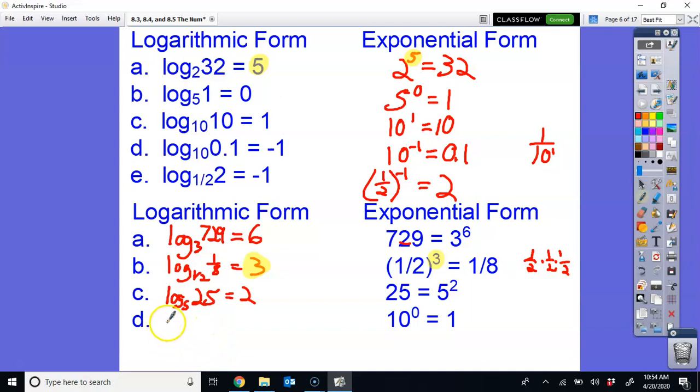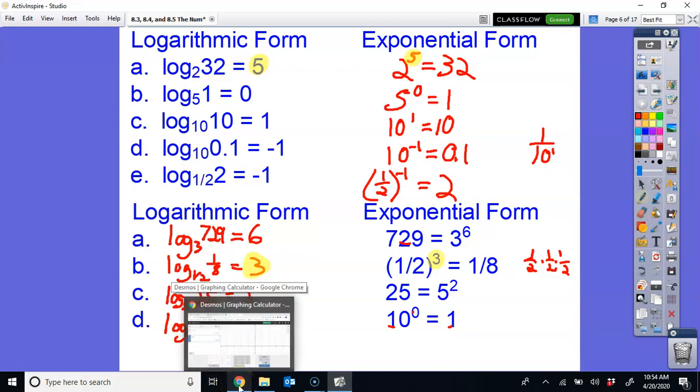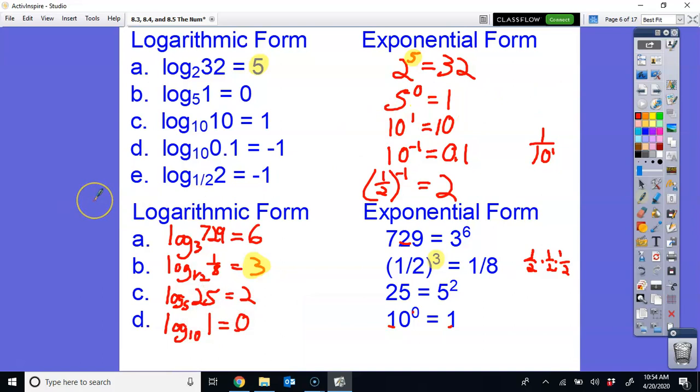The last one, log base 10 of 1 equals 0. This base raised to this exponent equals this number. 10 to the 0 power is 1. So that's the definition of a logarithm. That's how a logarithm works, definition-wise.